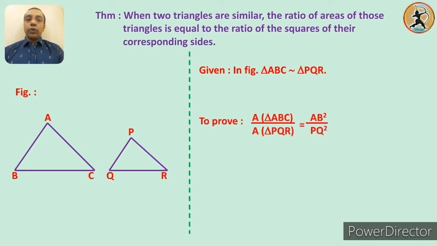Means to prove will be: area of triangle ABC upon area of triangle PQR is equal to AB square upon PQ square is equal to BC square upon QR square is equal to AC square upon PR square.